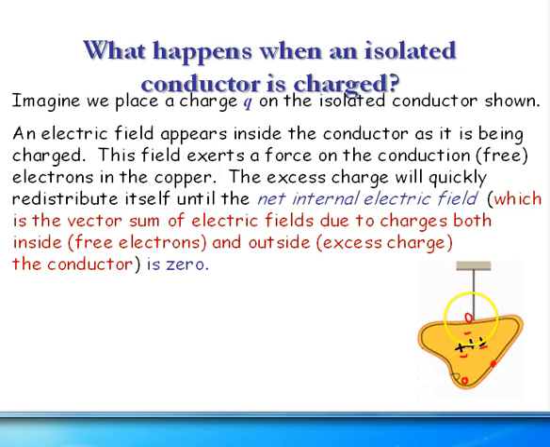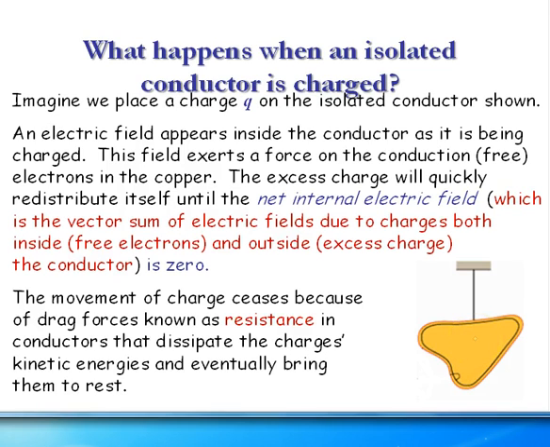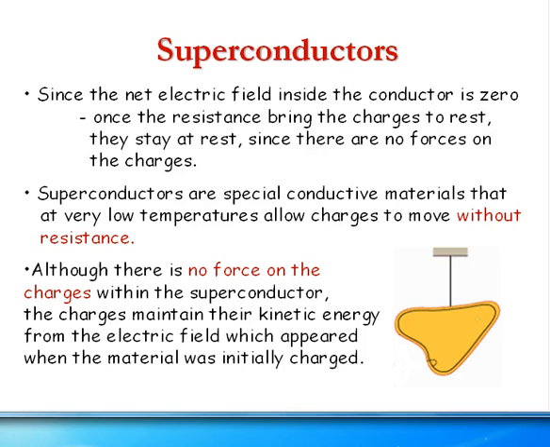Well, once these charges move, what stops them from moving? We know that electric field, that force, is going to produce an acceleration. So why does it suddenly stop moving? That's due to drag, due to resistance in the conductor, which dissipates the kinetic energy. That resistance is similar to mechanical friction.